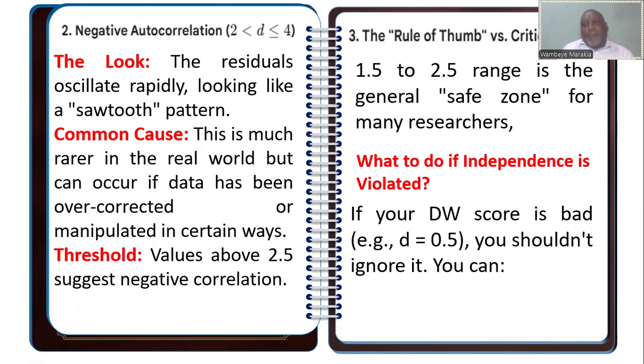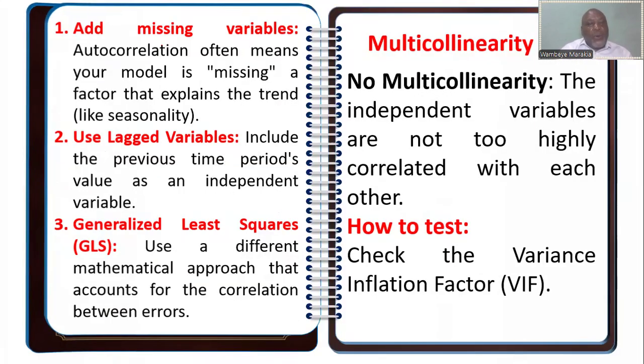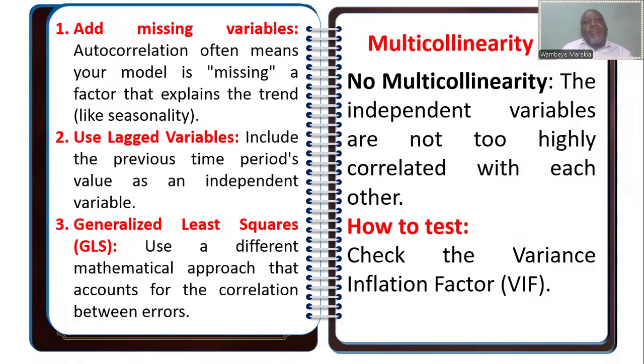Now, what to do if independence of observations is violated? If your DW score is bad, let me say it is like 0.5, what should you do? You shouldn't ignore it. You can do the following. 1, add the missing variable.